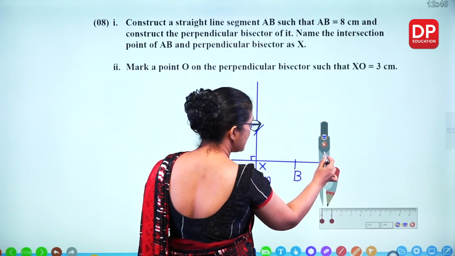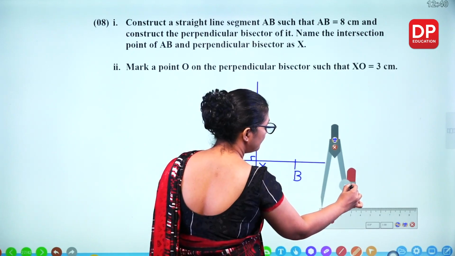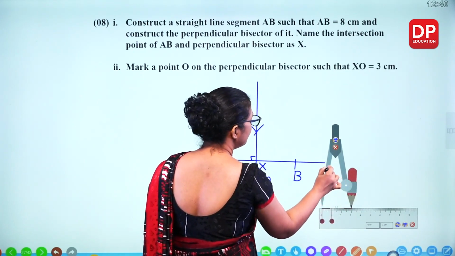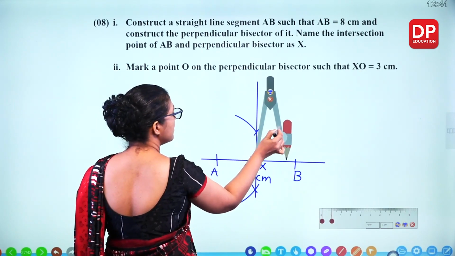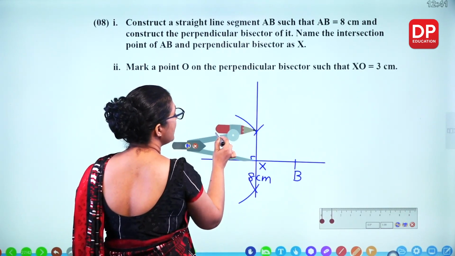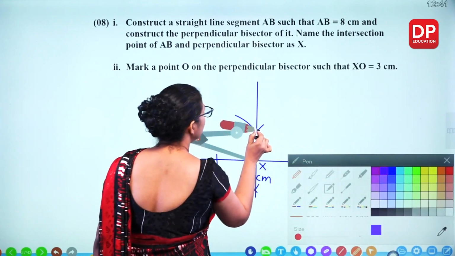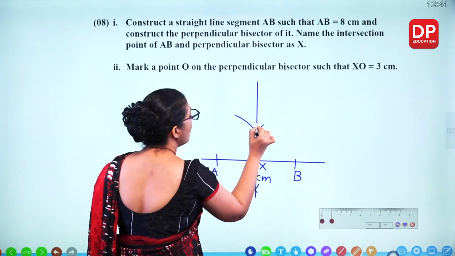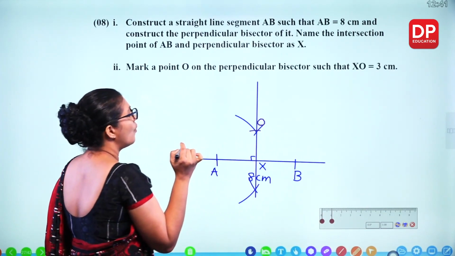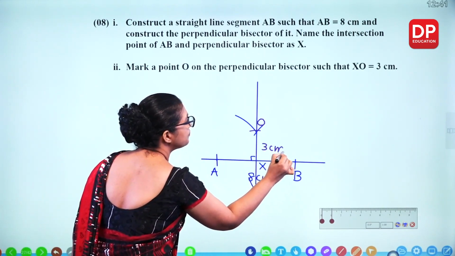So measure 3 centimeter length and keep on top of X, and you can mark the point O. So this is O. So this is 3 centimeters.